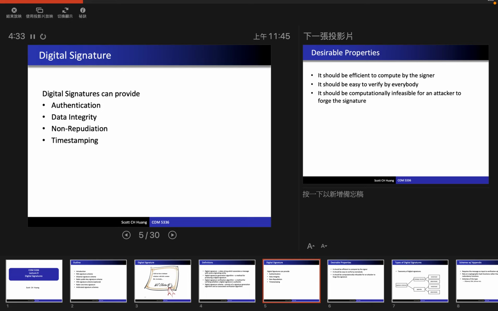Let's consider the case. Alice is a vendor on Shopee, and Bob is a customer. Bob buys something from Alice, and Bob shares a secret key with Alice.